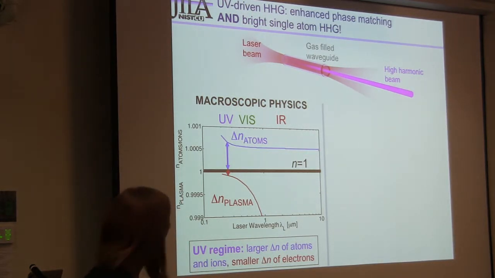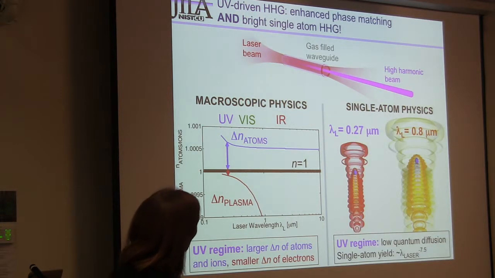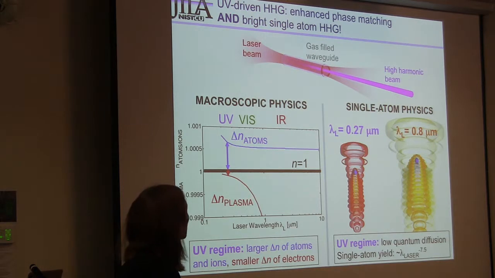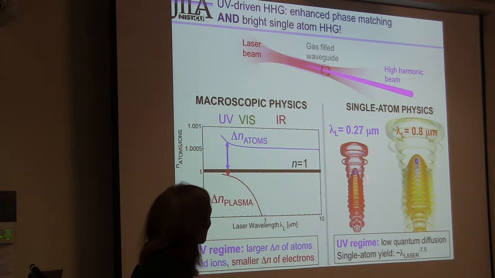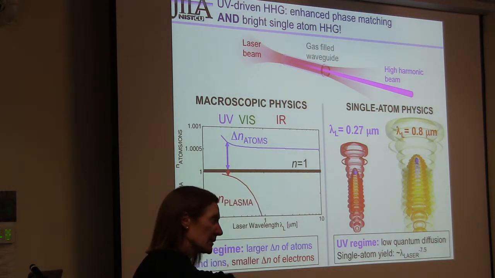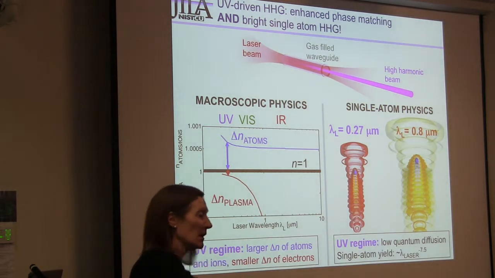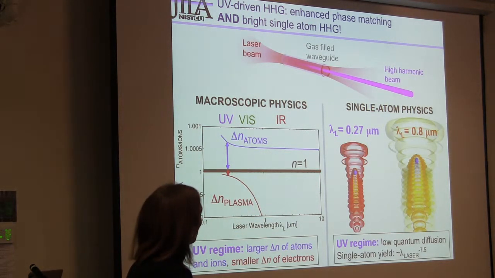So phase matching becomes easier. And that has you win in two ways, because your quantum diffusion is less, because your cycle time is less, so the electron spends less time in the continuum. So there's less transverse quantum diffusion.